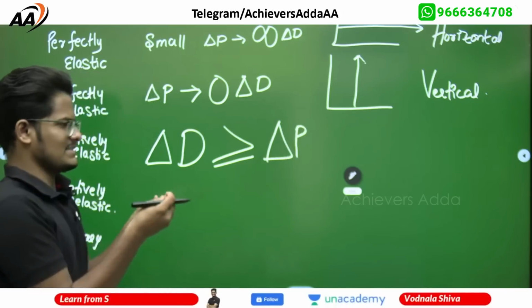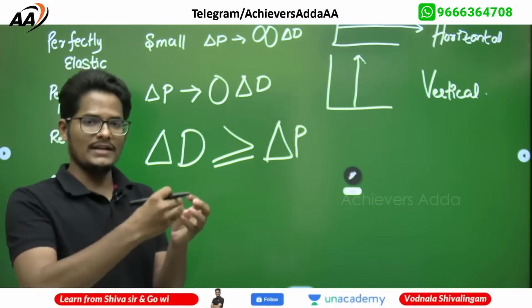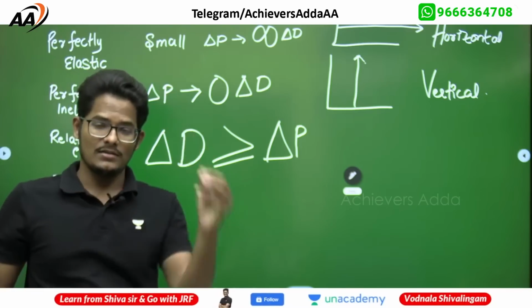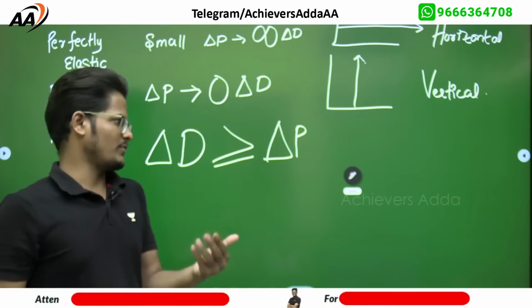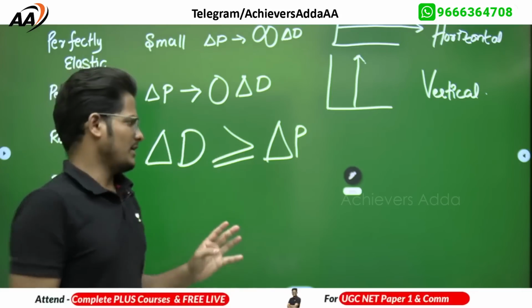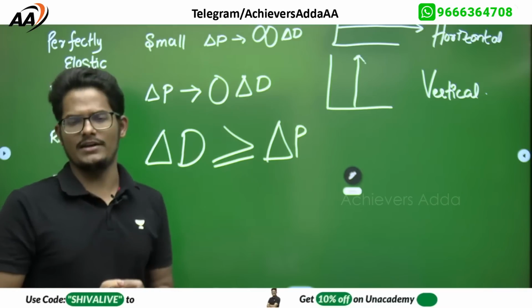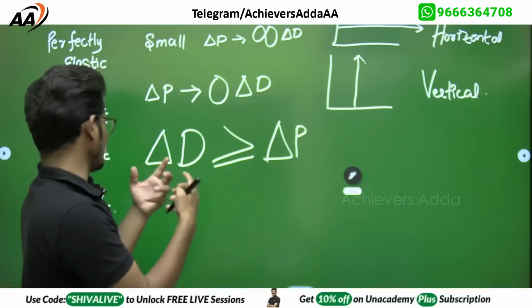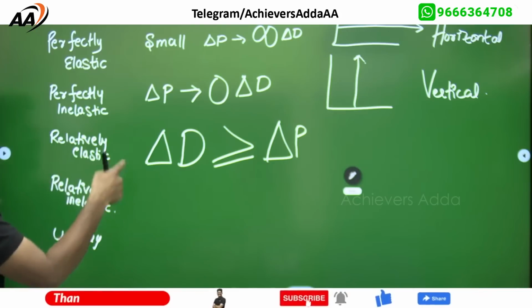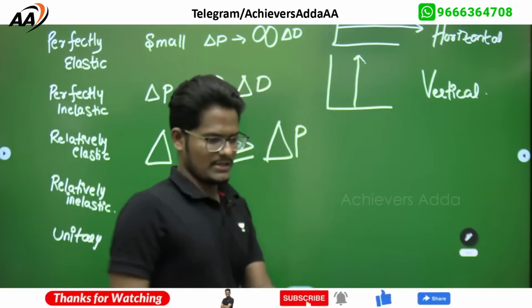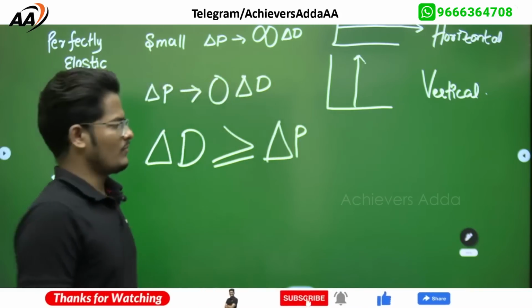So the price is changing by 10 rupees, but the demand is reduced by more than 10. It could be 15 or 20. It is 10% change in price, but 30% change in demand. You can see change in demand is more, relatively elastic. In such a case, the curve will look flatter in nature.